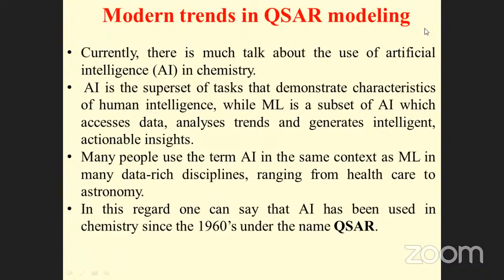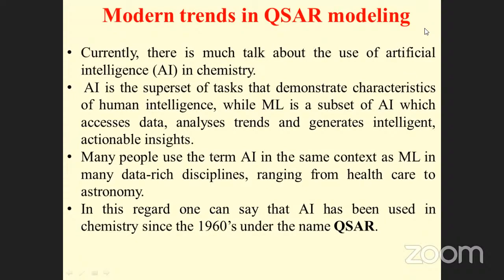You know about AI, artificial intelligence? Anyone? Have you heard the word? But in case of CADD or in QSAR, we have been using artificial intelligence for the last 60 years. It is a new field for the rest of the world.